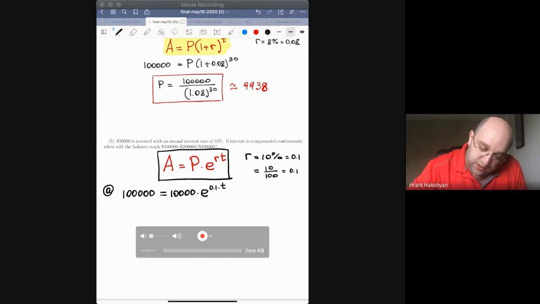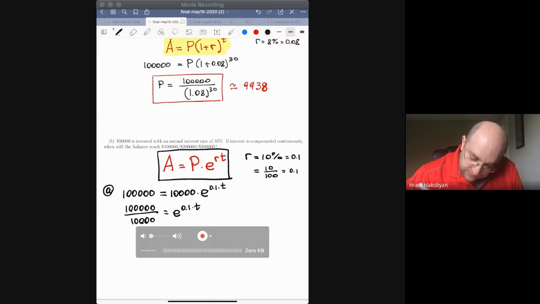So to find t, what do we do? We have to find t in here, so I'm going to simplify this. Let's divide both sides by 10,000. So I get 100,000 divided by 10,000, which is equal to e to the power 0.1 times t.